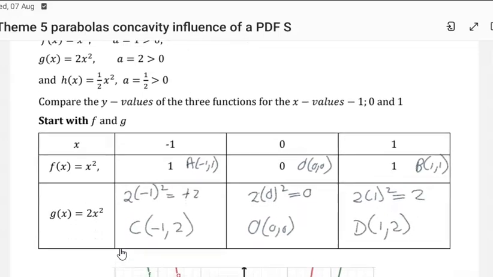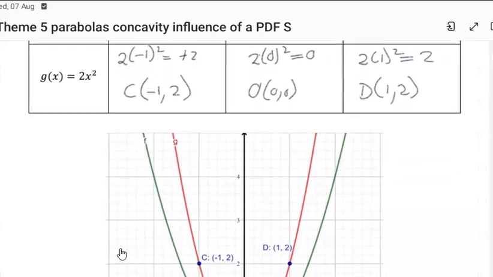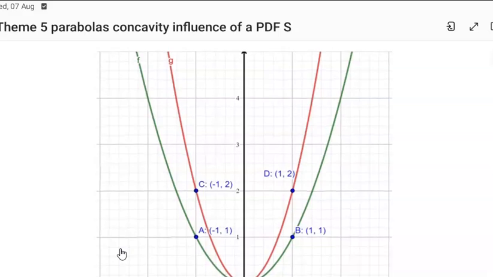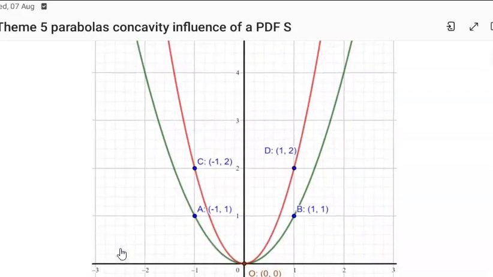So let us look at the graphs. When we make the a bigger, what happens here is I've plotted the points C and D there. This red graph grows faster, the green graph is the mother graph. So what was at minus 1, 1 is now at minus 1, 2.